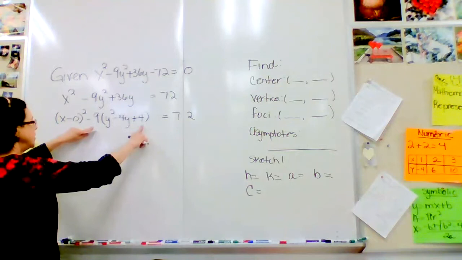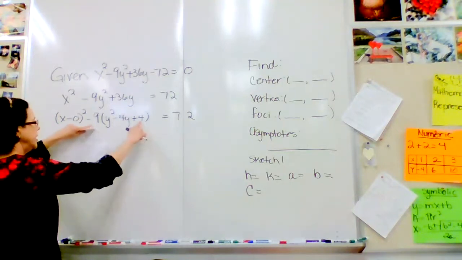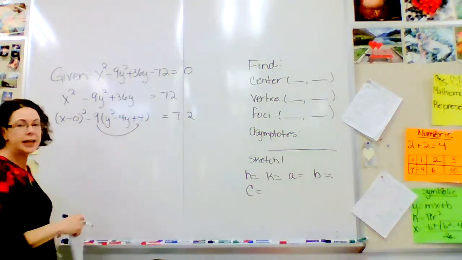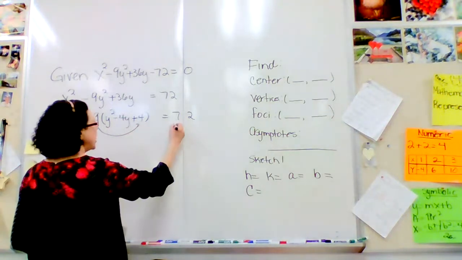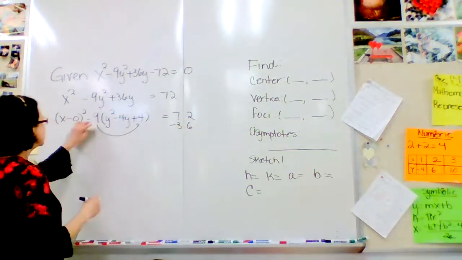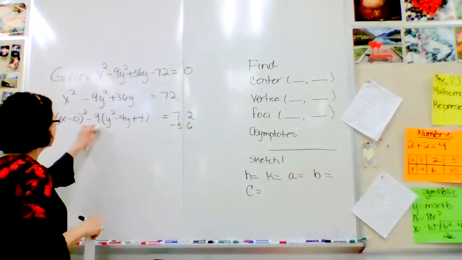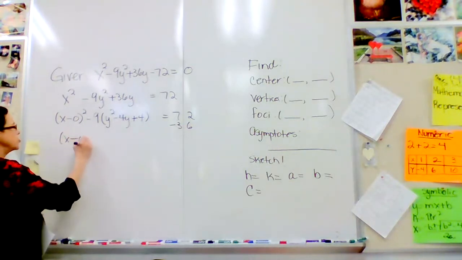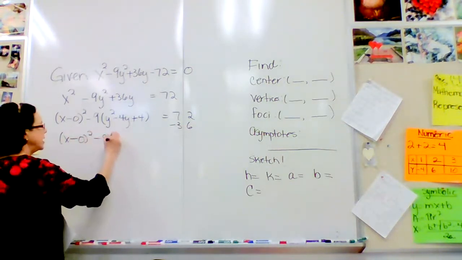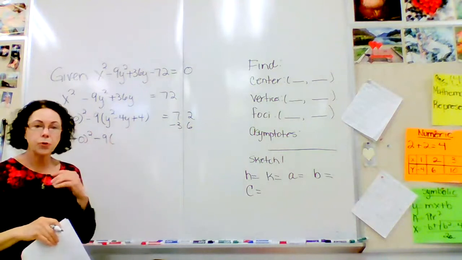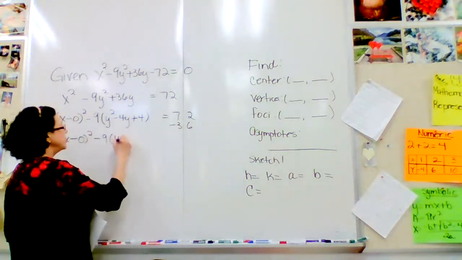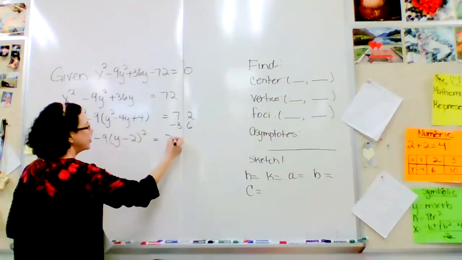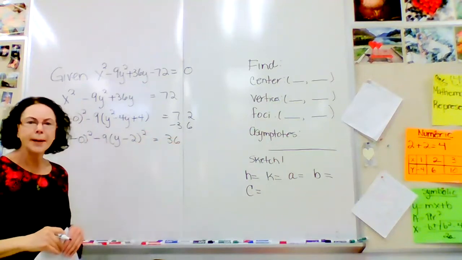On the left-hand side, I've actually added a negative 36, negative 9 times 4. So I am going to add a negative 36 to the right-hand side of the equation. Okay, so I have x minus 0 squared minus 9, and I know how to write my perfect square trinomial in its binomial squared form. That would be y minus 2 squared. Little math on the right.